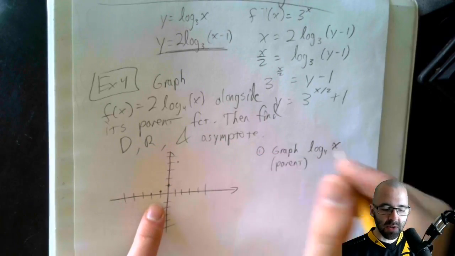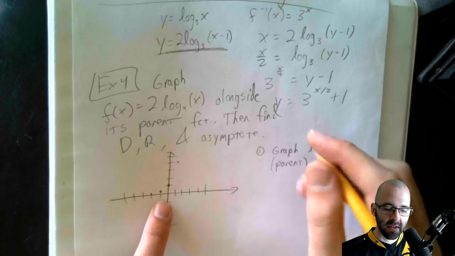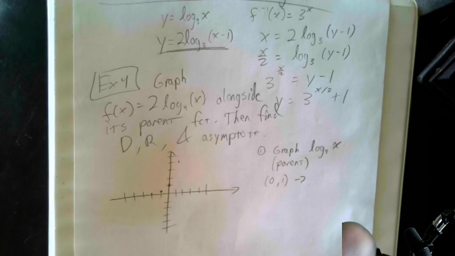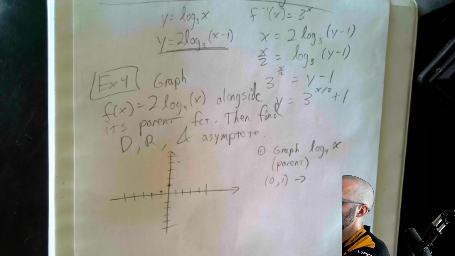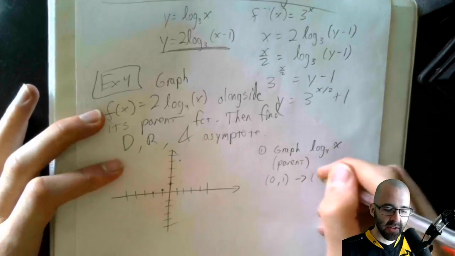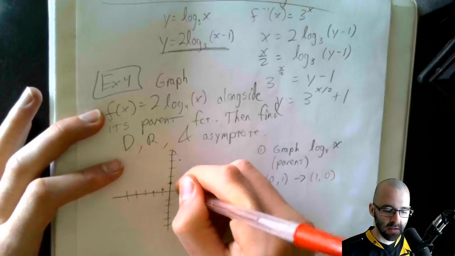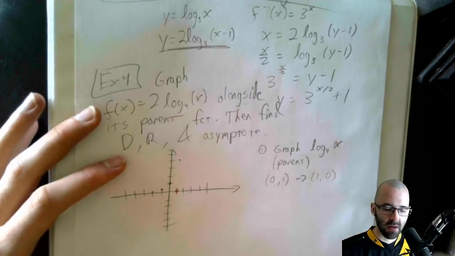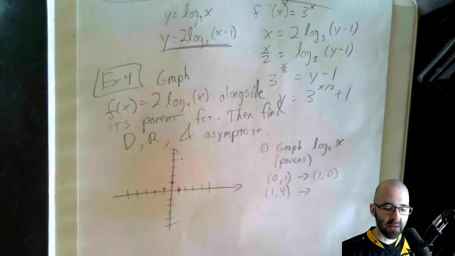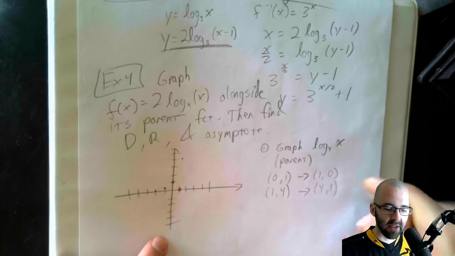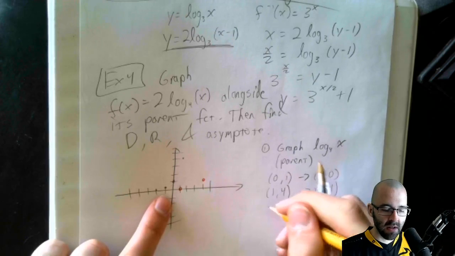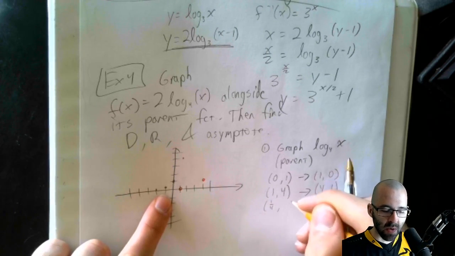So to graph its inverse, we just switch the x's and the y's. Right? So (0, 1) becomes (1, 0) for the parent function. This (1, 4), right? That becomes the (4, 1) for its inverse function. This point over here, 1/4.